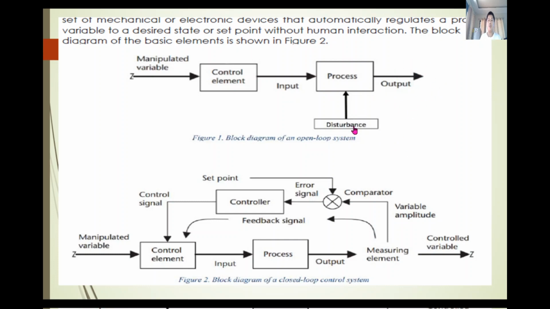But there is also a disturbance here in the process. But as you can see here, there is no feedback. So this open loop system is a non-feedback system. Non-feedback system. So you have to remember that keyword. Open loop system.